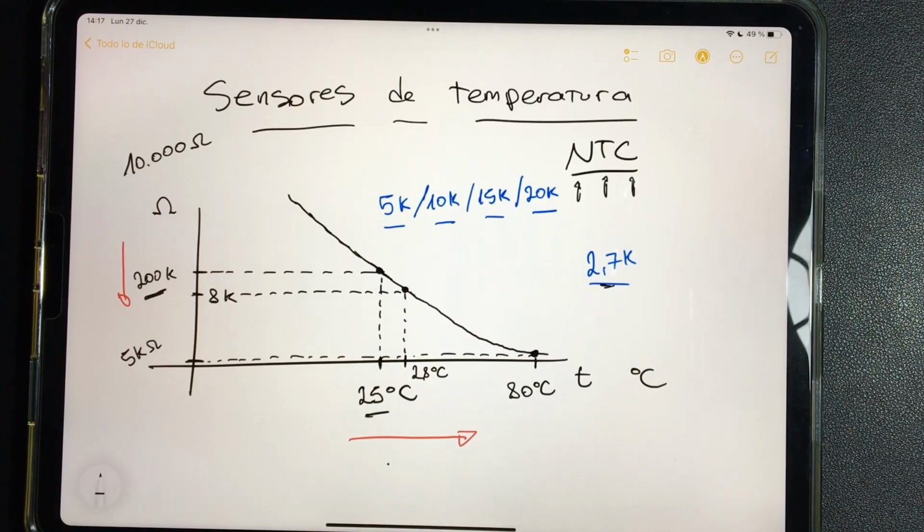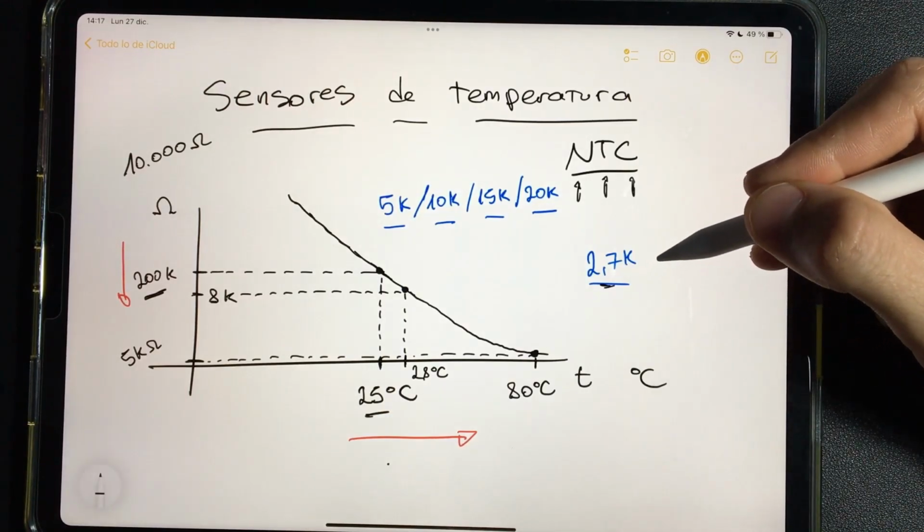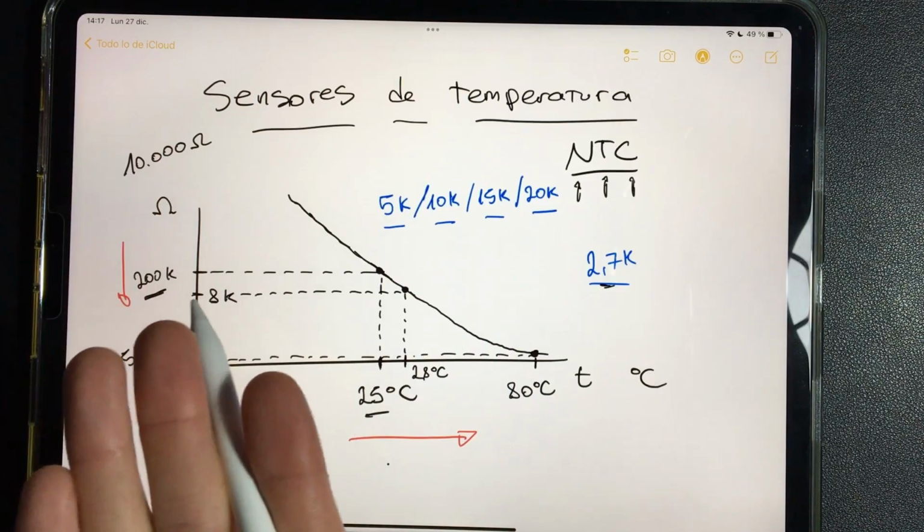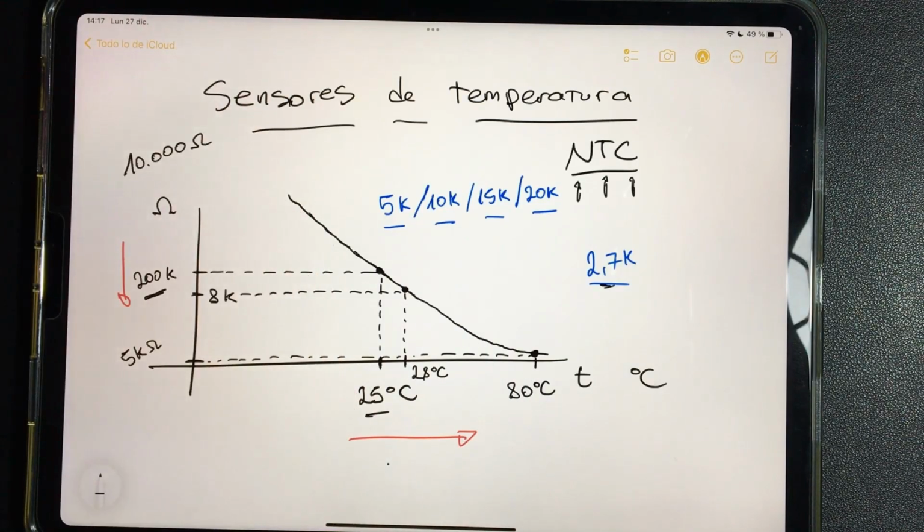Now, in places where low temperatures are measured, we will have low ohms, because when the temperature drops, the resistance will go up, and it will be easier for the board to understand it, such as, for example, in a freezer of certain brands such as Whirlpool.